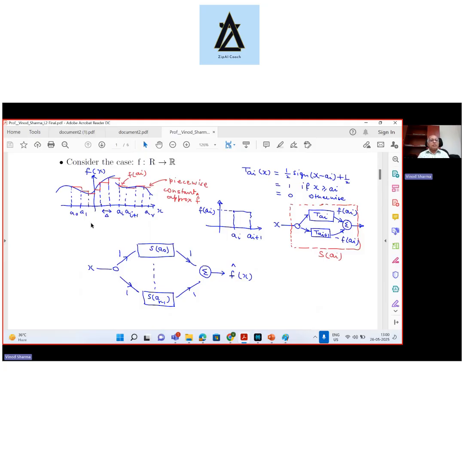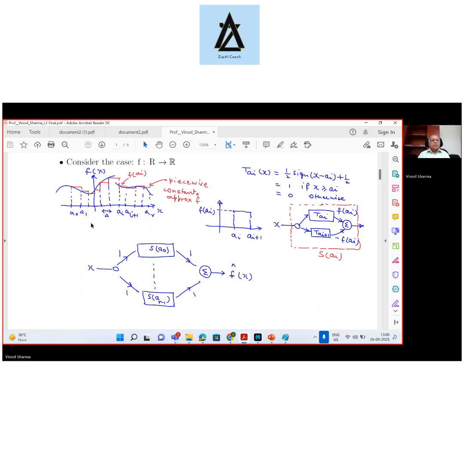So it will be a bounded interval. We divide this interval a0 to ar into equal intervals of length delta. So now this overall interval becomes a0 to a1, a2, then all the way to ar.